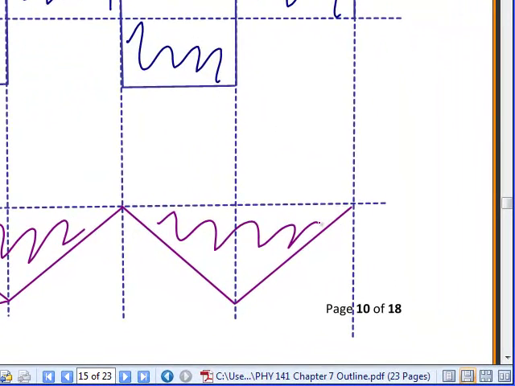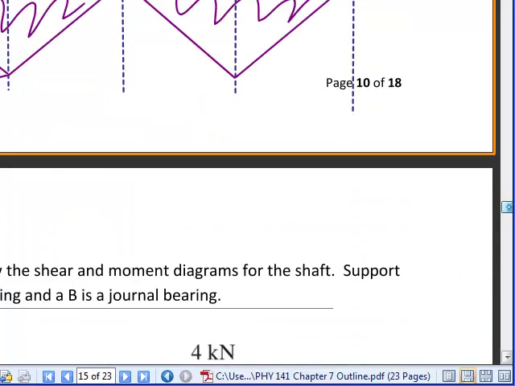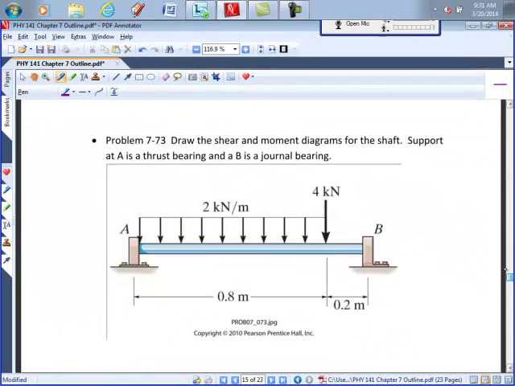Okay, so there's my shear and moment diagrams based on the relationship of the integral or the derivative, where we didn't actually have to do any calculus. We just looked at the slopes. All right, the next one's going to be a little bit more challenging, but we can still do it.